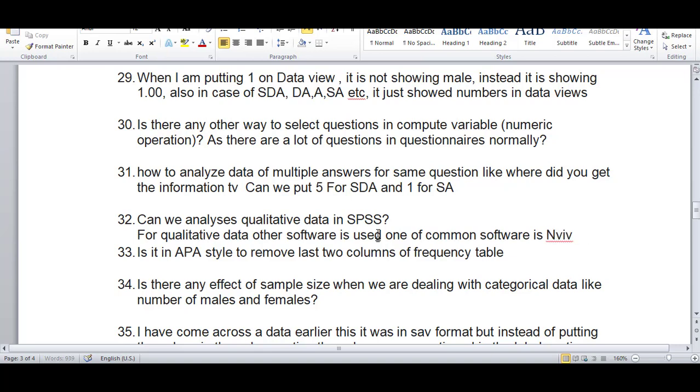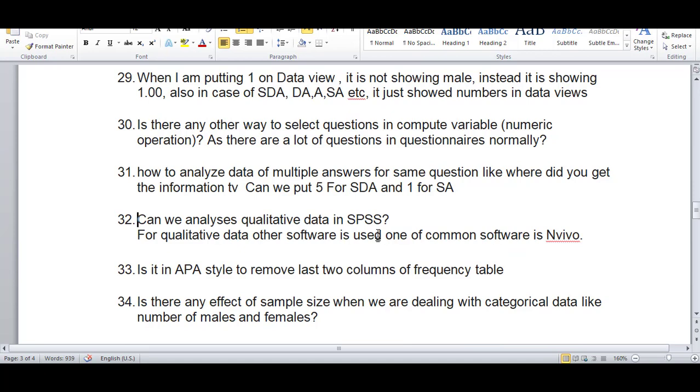And recently we will also conduct another training on NVivo, doing qualitative data analysis in NVivo. So maybe you can join this training as well. But the question that you ask, can qualitative data be analyzed in SPSS? No, qualitative data cannot be analyzed in SPSS.